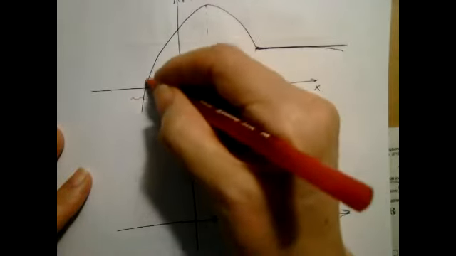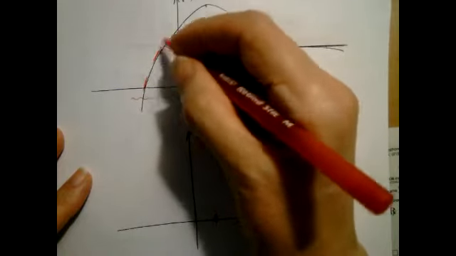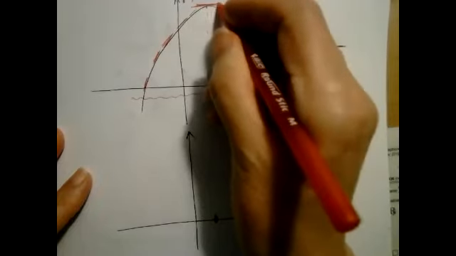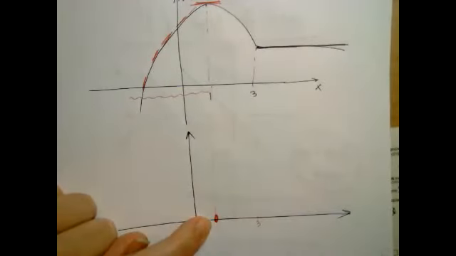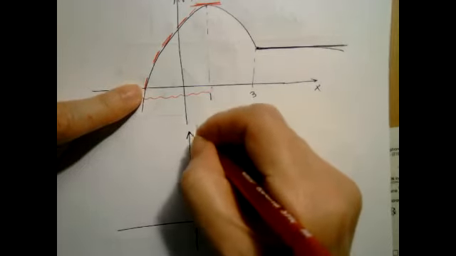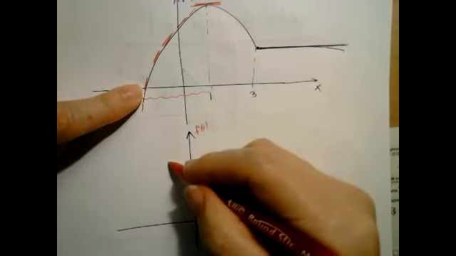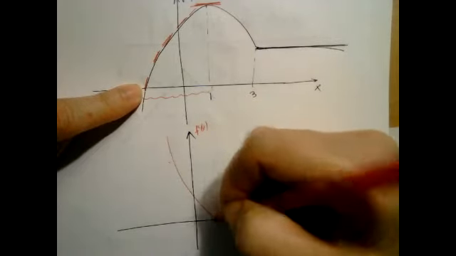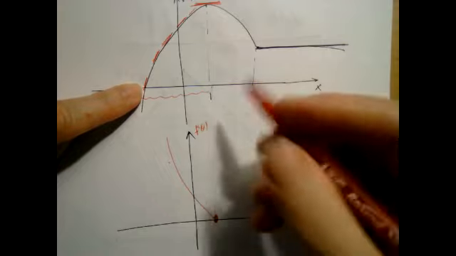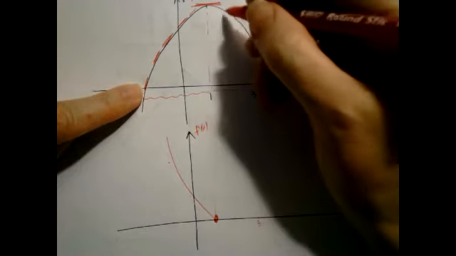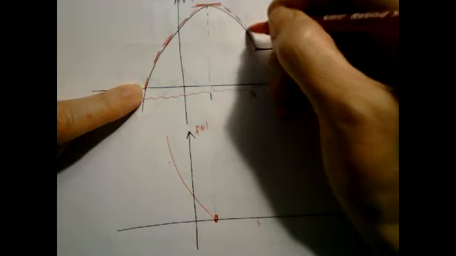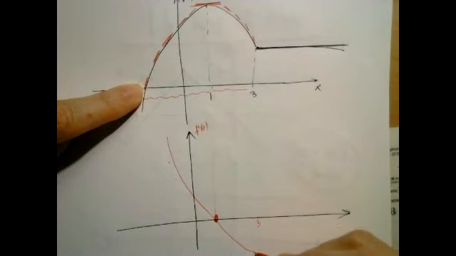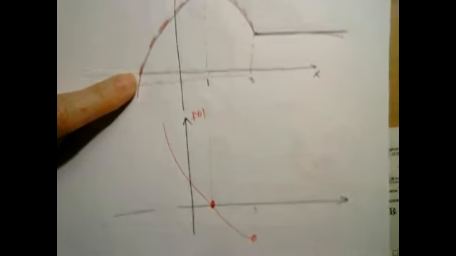Up to 1, positive, positive, positive, getting less positive, heading towards 0. So when I go down here, what are the outputs for f prime? This is f prime, crucial. They are positive numbers, but they're getting less positive. Between 1 and 3, negative, negative, negative, negative. I don't know what they get to, but somehow they stay negative. At 3, open circle.